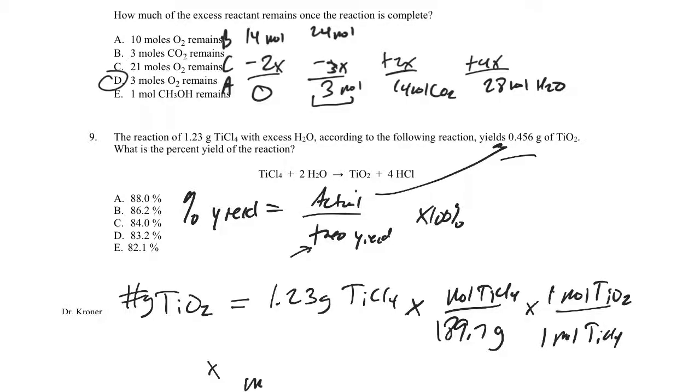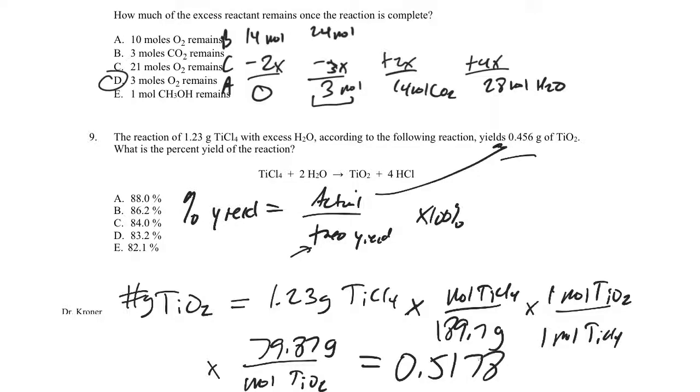And then 1 mole of TiO2 would be 47.87 plus 16.00 times 2, that's 79.87 grams. Okay, so 1.23 divided by 189.7 times 1 divided by 1 times 79.87. That works out to 0.5178. 3 sig figs on it if you're counting.